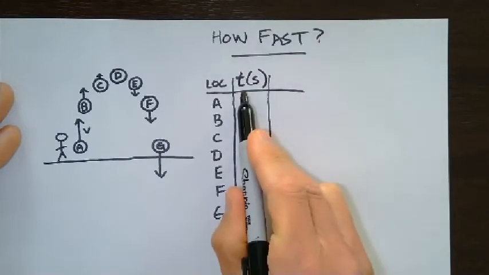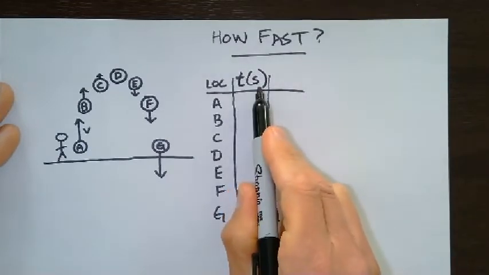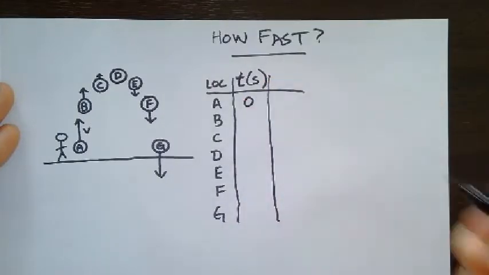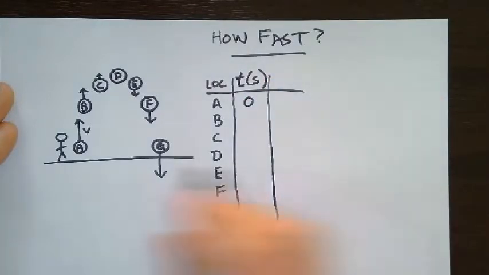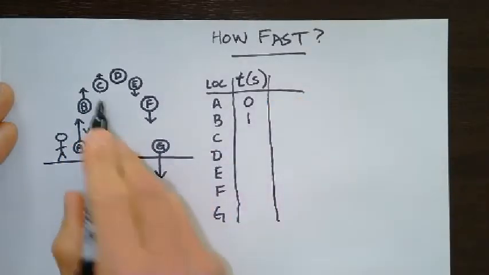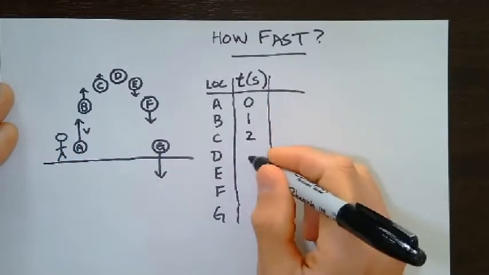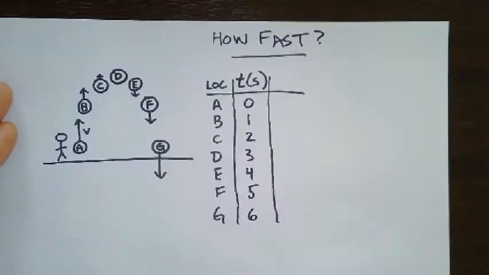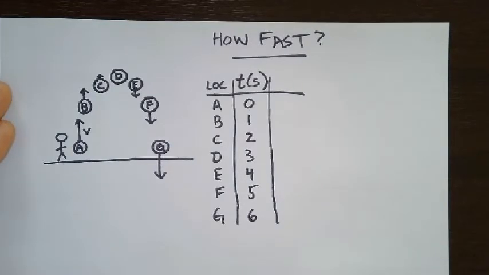So t is the variable, s is the unit. Let's say that the ball is thrown at 0 seconds. When it gets to position B, that's at 1 second. When it gets to C, it's 2. And so on. And so the ball spends 6 seconds going up and coming down all together.